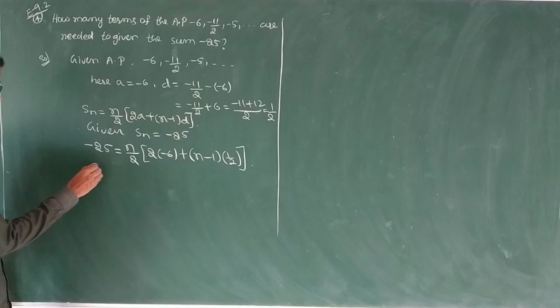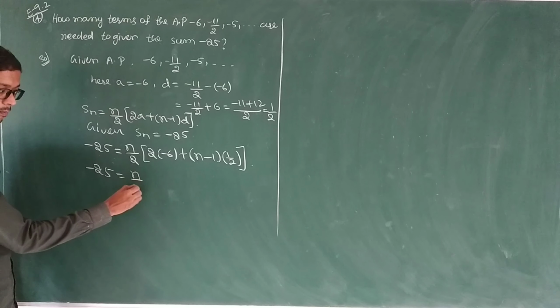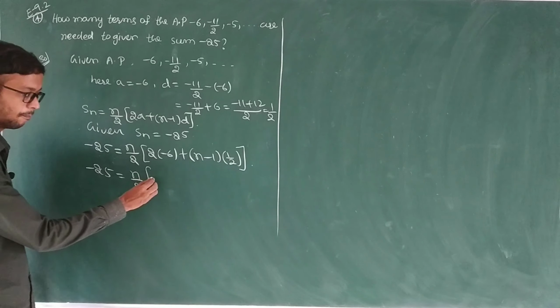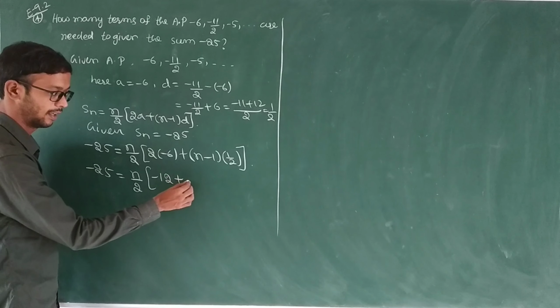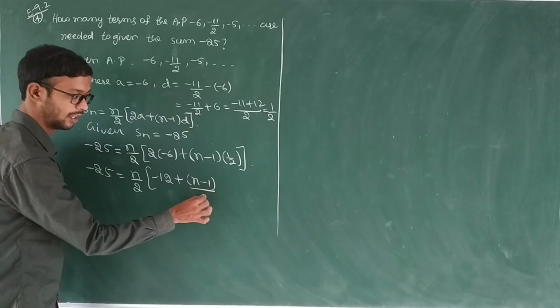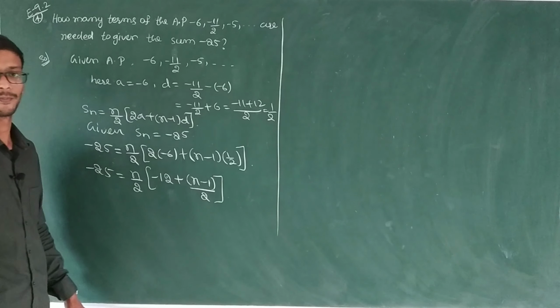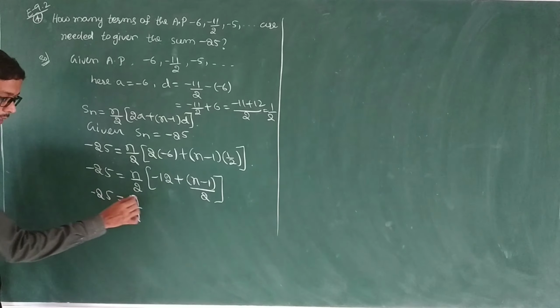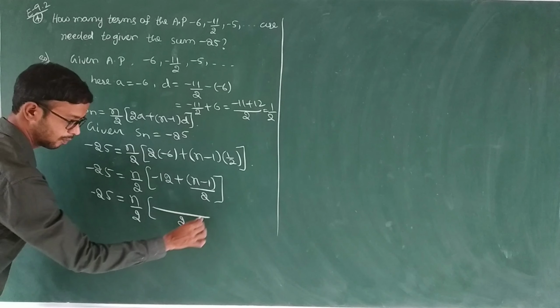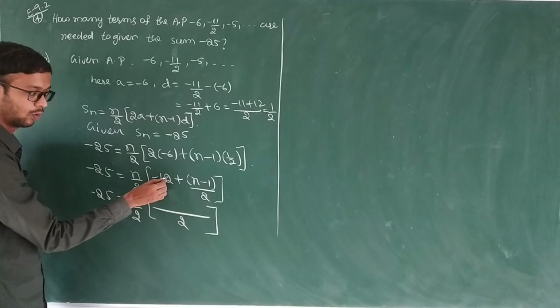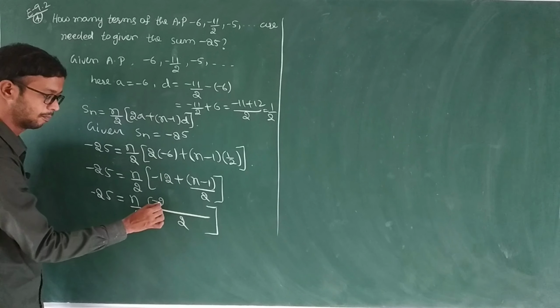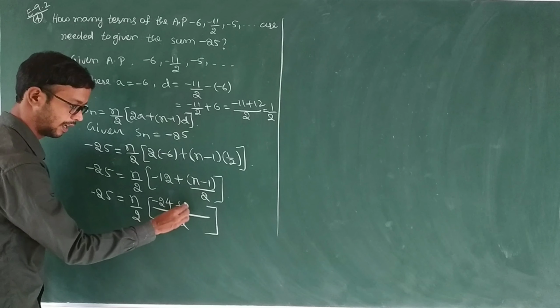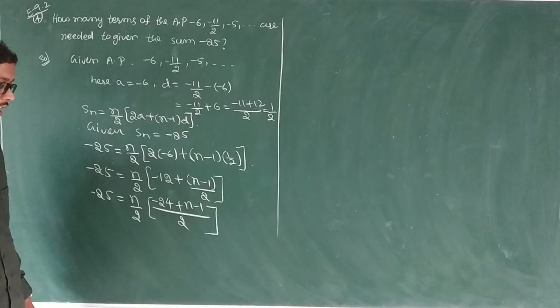If you simplify here, n by 2 into minus 12 plus n minus 1 divided by 2. Taking the LCM 2, 2 into minus 12 is minus 24 plus n minus 1.